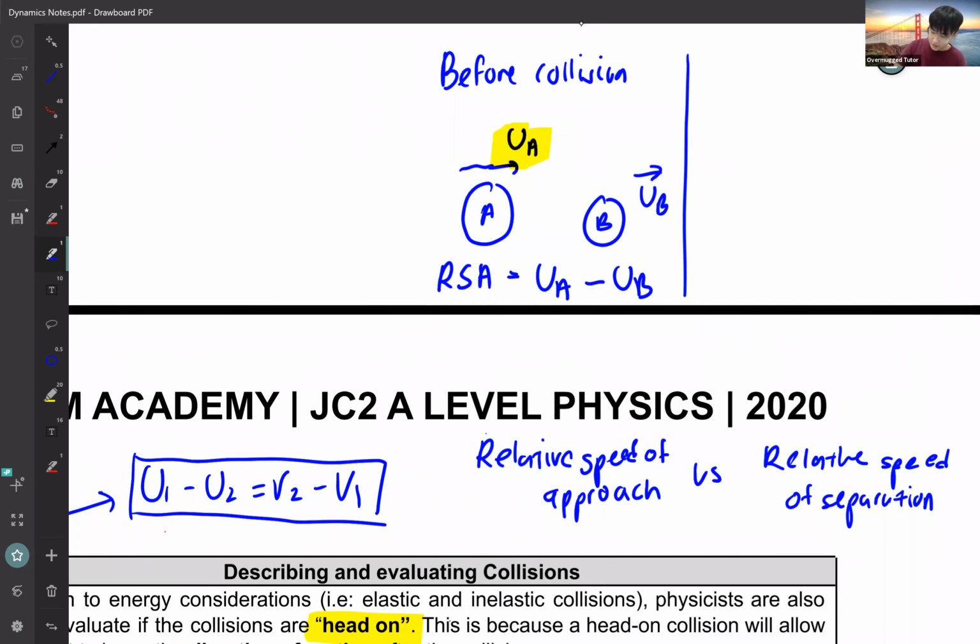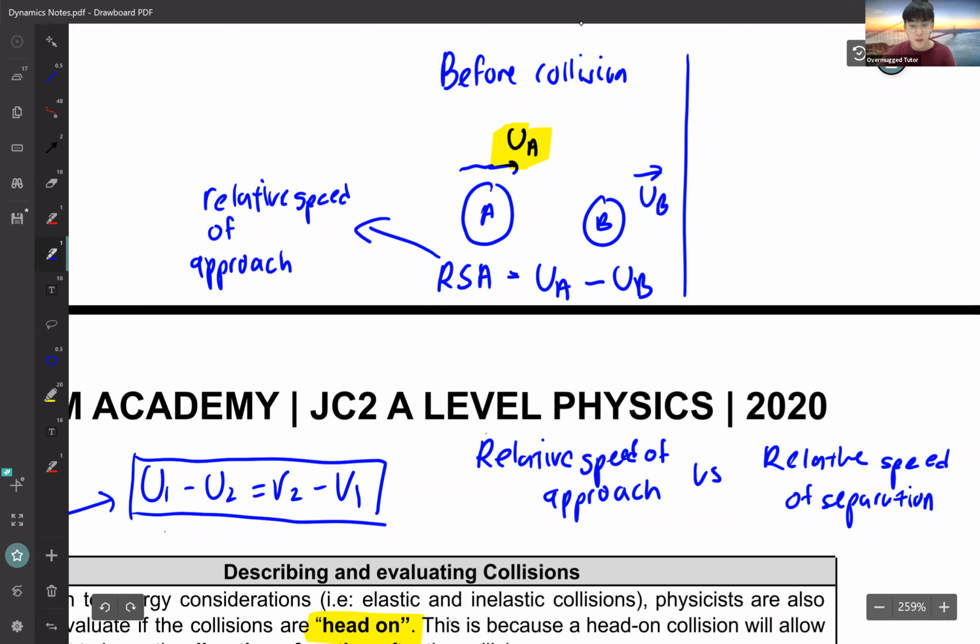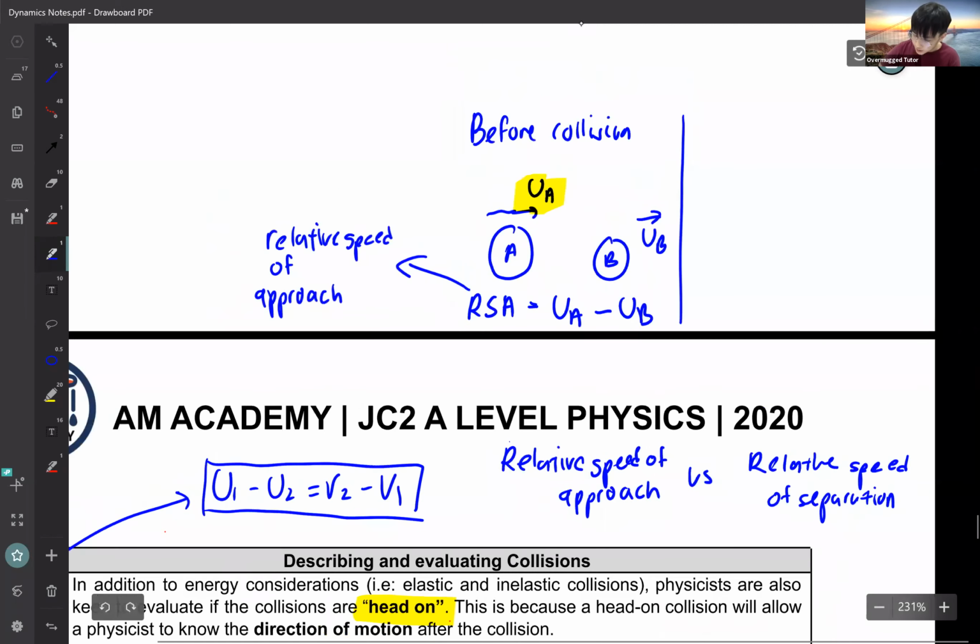Oh, RSA is just relative speed of approach. In other words, how fast A is moving relative to B so that A can catch up. That's the relative speed of approach. It should be the initial speed of A minus the initial speed of B, because A needs to be faster in order to catch up and collide.